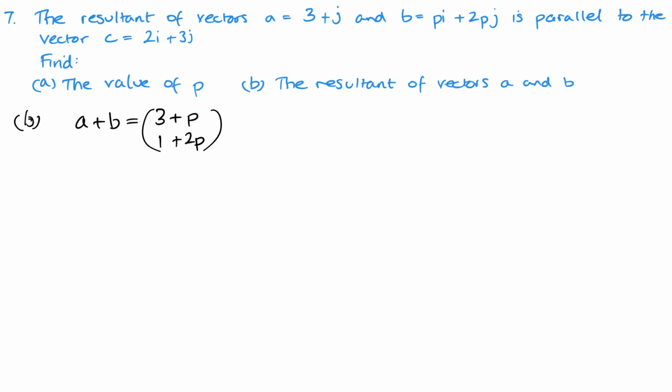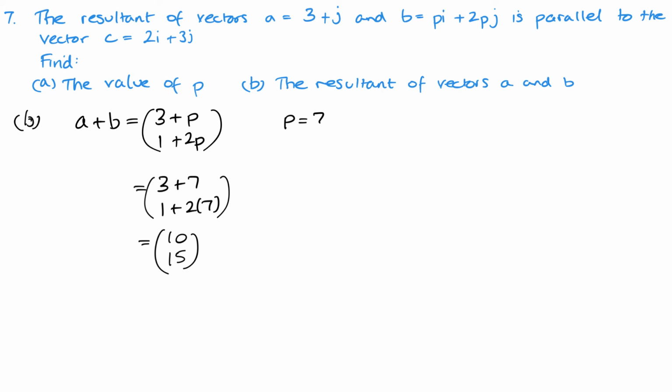Now part B, we need to find the resultant, and we know that p is 7, so very simply 3 plus 7 and 1 plus 2 lots of 7, and that is 10, 15. Okay, so what you can see is that this is the same as obviously c, but it's a multiple of it. It's 5 times the size, as that's what that lambda was.